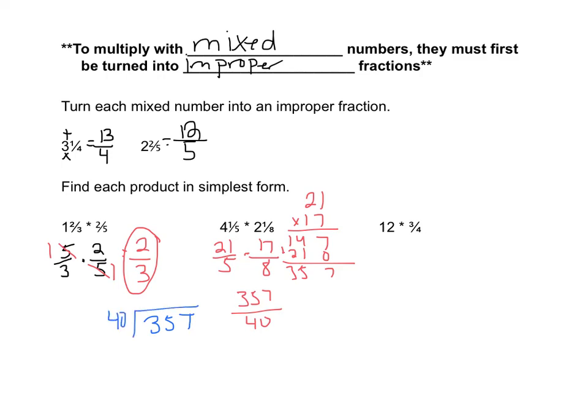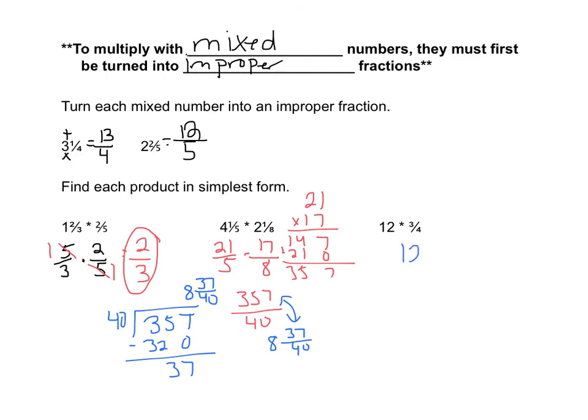Since 40 can't go into 35, we go into 357. 8 times 40 is 320, so we'd subtract, we get 37, so our whole number would be 8, and then it would be 37 out of 40. And depending on what they're looking for, either one of those would be okay.